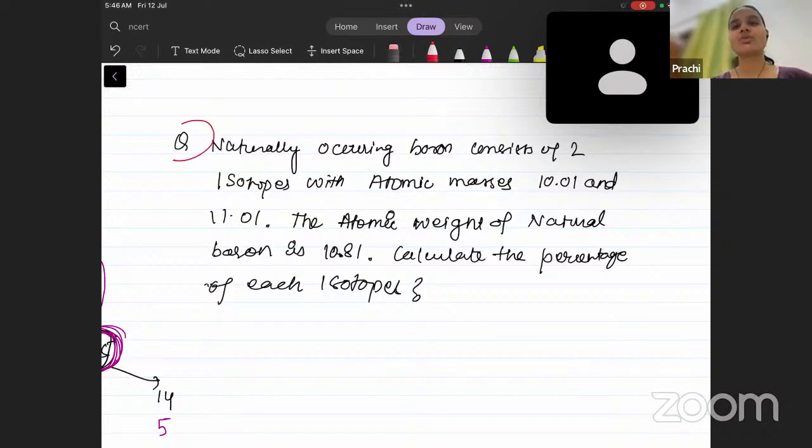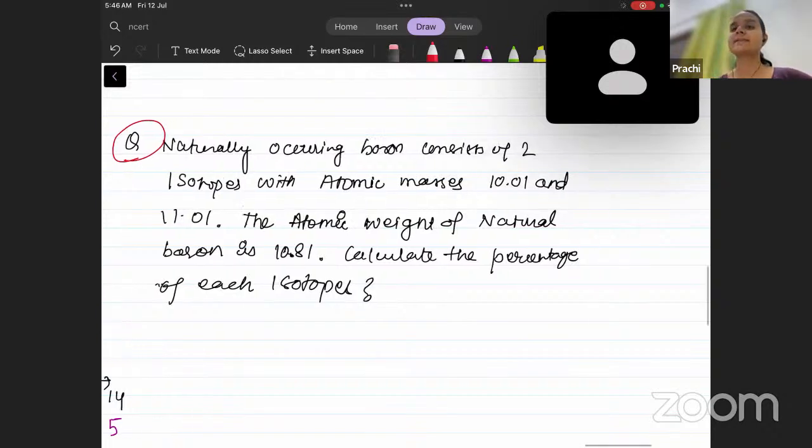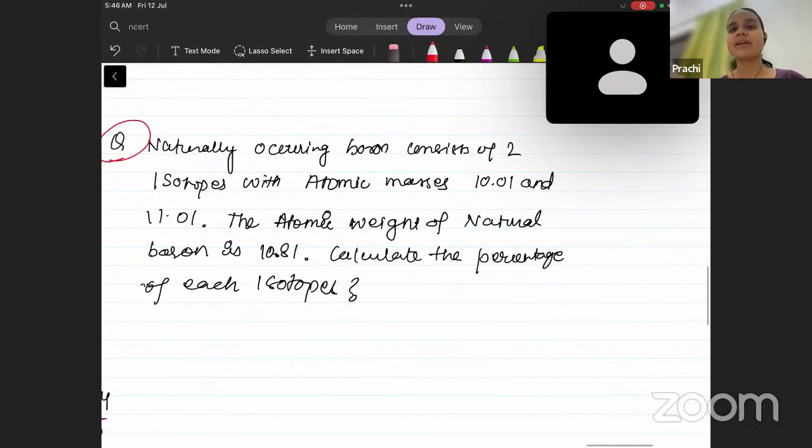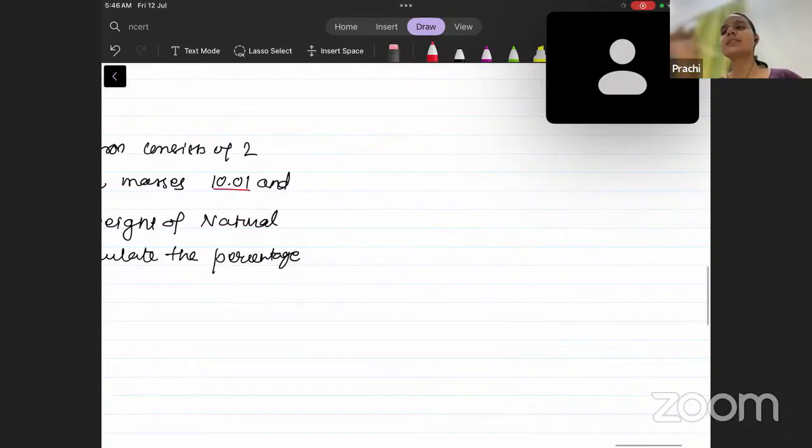So this you have to do. Now there is one thing I want to tell you: there are two things. You have the average atomic mass and you have the isotopic mass, right? You have the mass that is for the isotopes. So in chemistry, the masses that you see in the periodic table are the relative atomic masses.